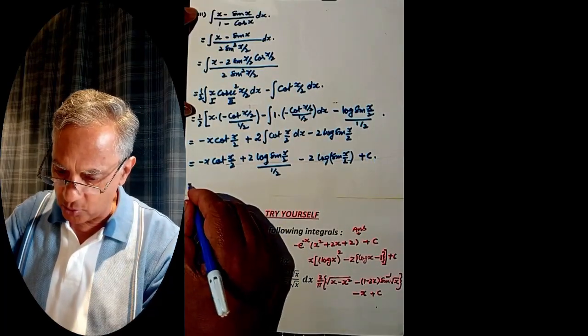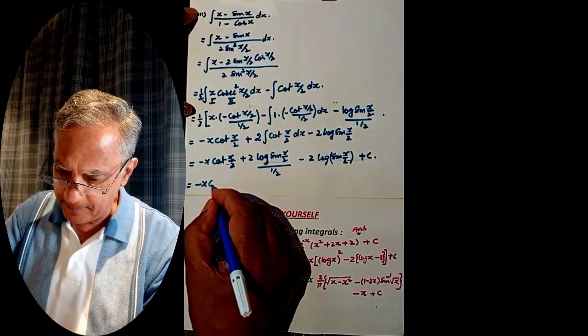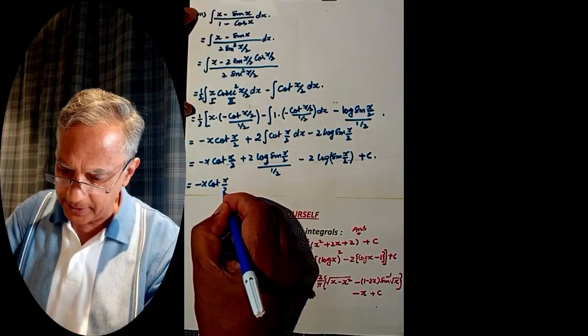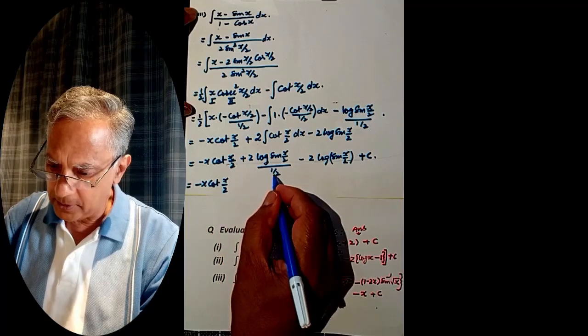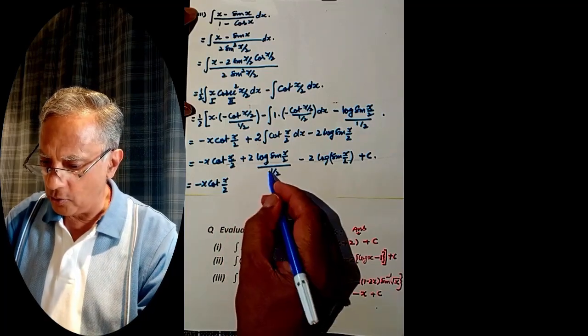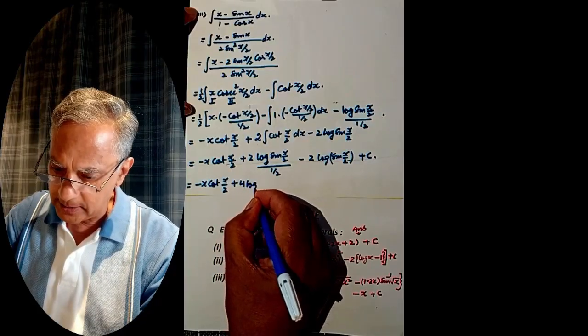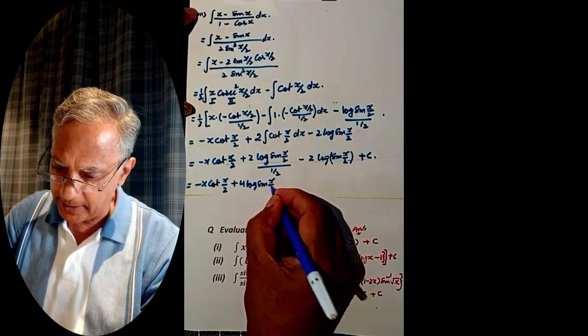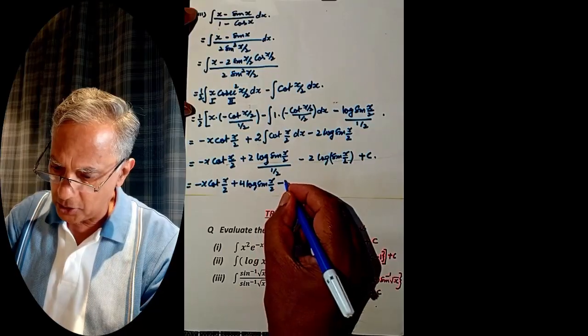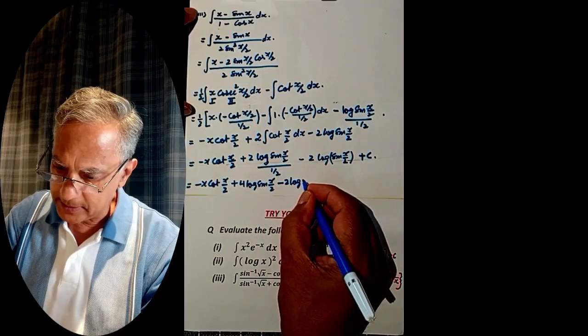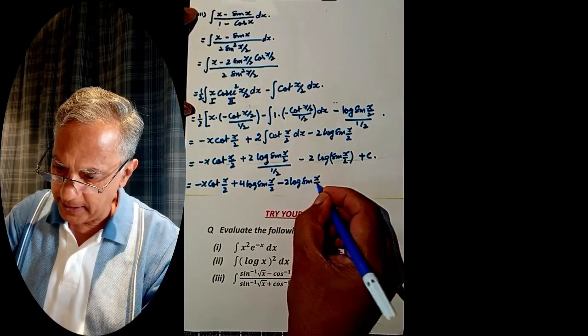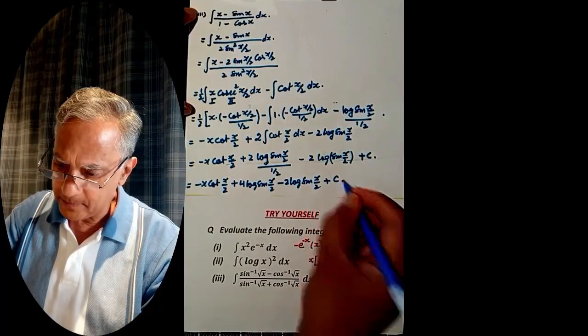So this is equal to minus x cotangent x by 2, and this will be 2 over 1 by 2, which is 4 log sin x by 2, minus 2 log sin x by 2 plus c.